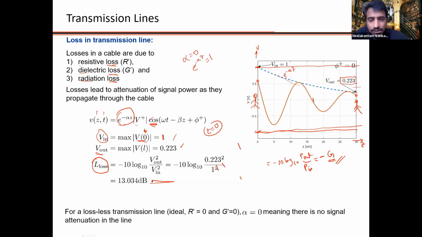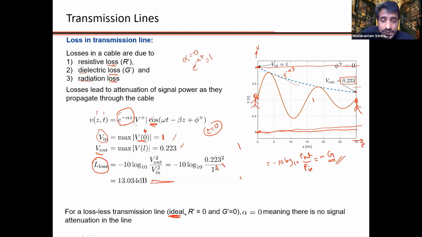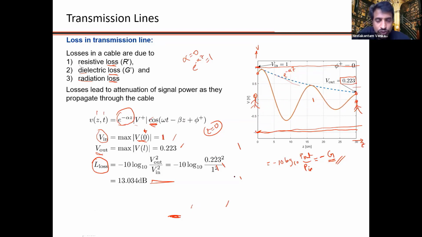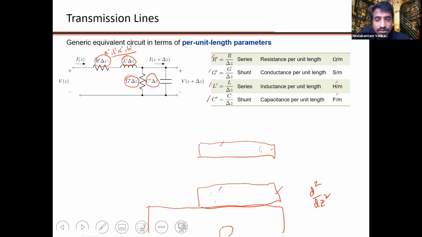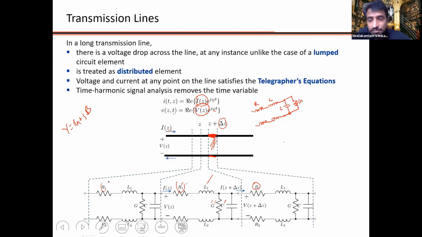Now let's say in the ideal world, when there are no losses in the transmission line, then your so-called R and G are going to be 0. What do we mean by that? If you see this transmission line model, physically, what does it mean? R and G are 0. That means this resistor and this conductance are 0. There is no ohmic loss. These are the culprits that create the loss in the transmission line. When the resistance is 0, there is no I squared R loss.